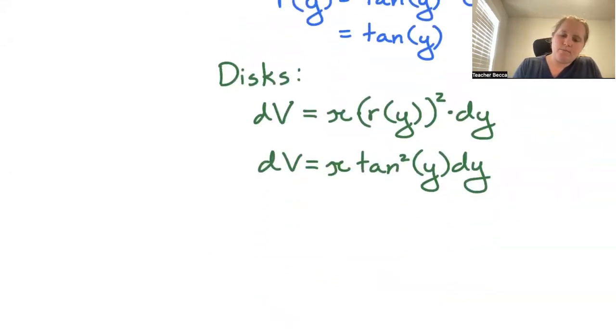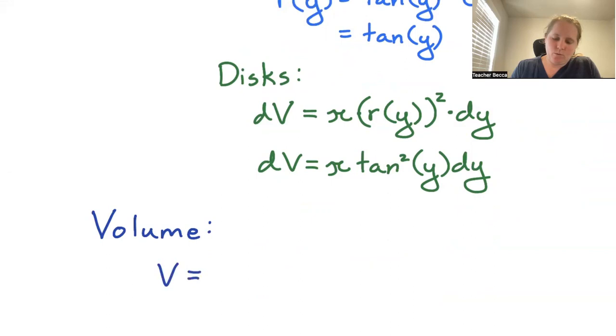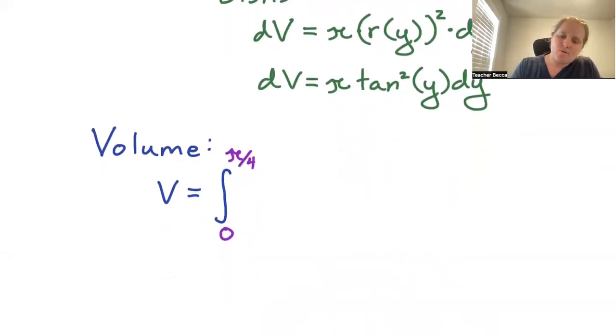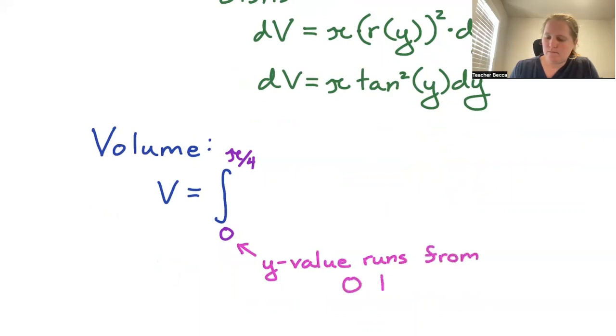For our final volume, we are looking at the volume. Our y values run from 0 to pi over 4.